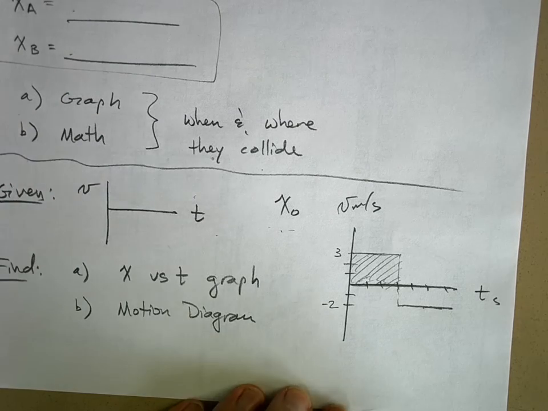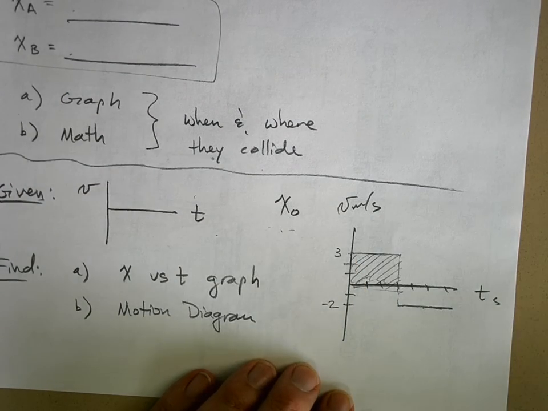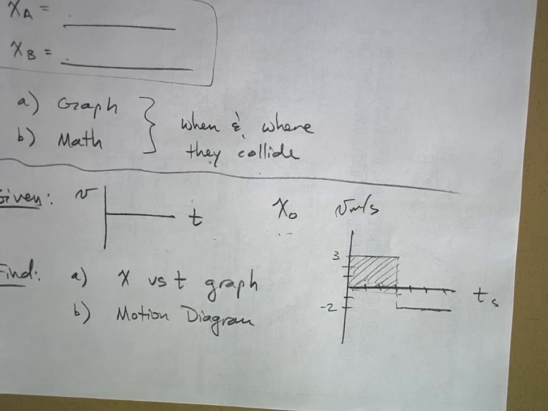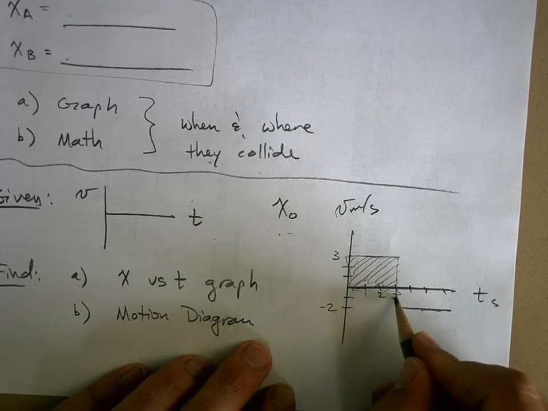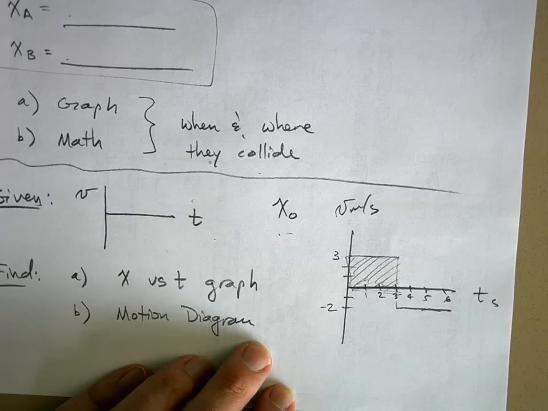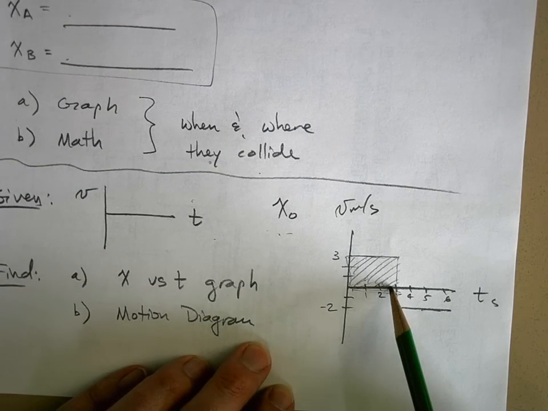Well, I say, oh, I'm going 3 meters per second for 3 seconds. What does that mean? I mean, the area is 3 times 3, right? So what does this hashed in area represent? 6 what?